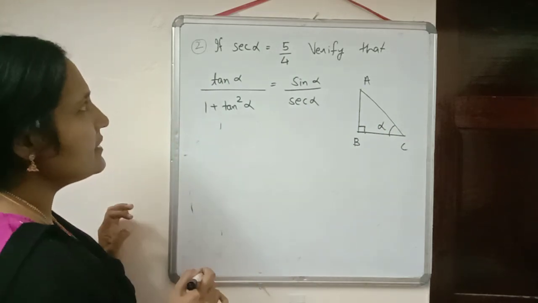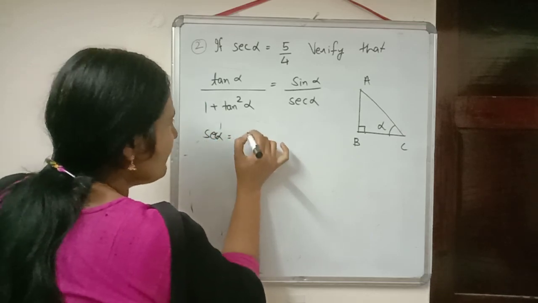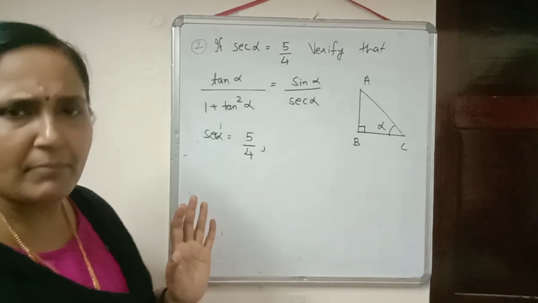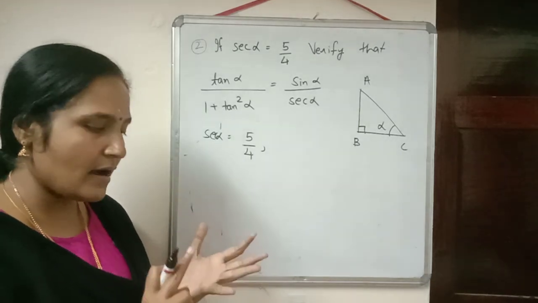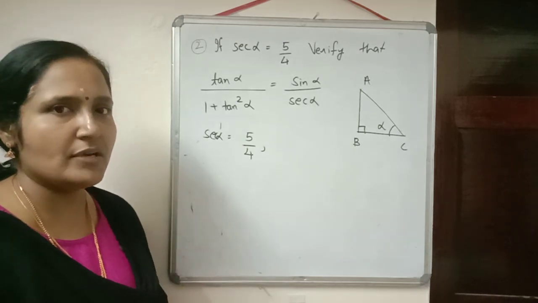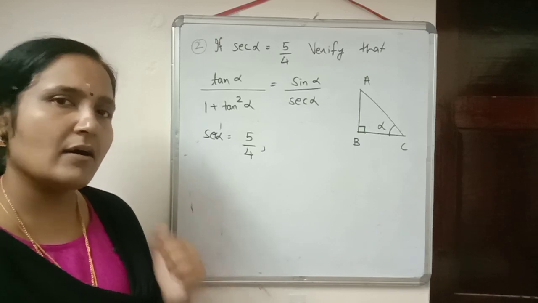Now what is given in the question? Sec alpha is equal to 5 by 4. So already I said, usually we remember the formula of sin theta, cos theta and tan theta. So if any other trigonometric ratio is given, you change it in terms of sin theta, cos theta or tan theta.